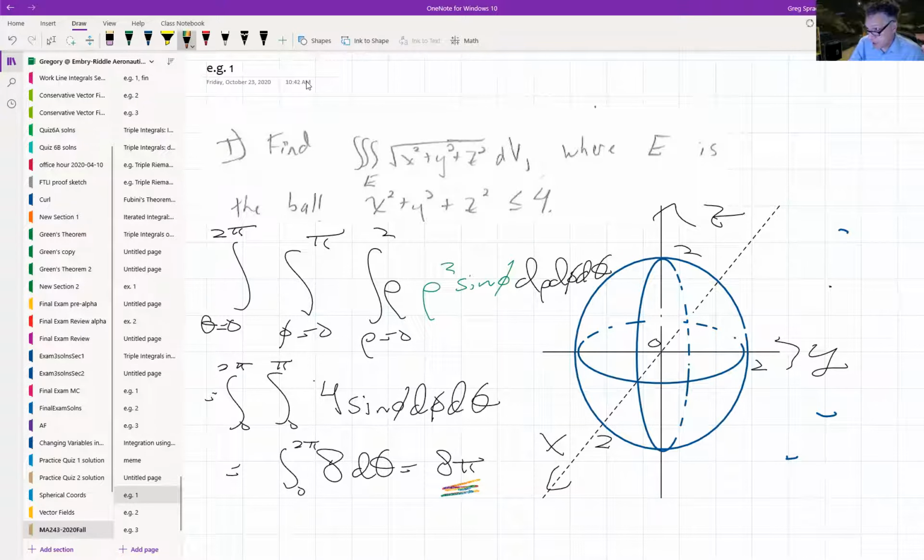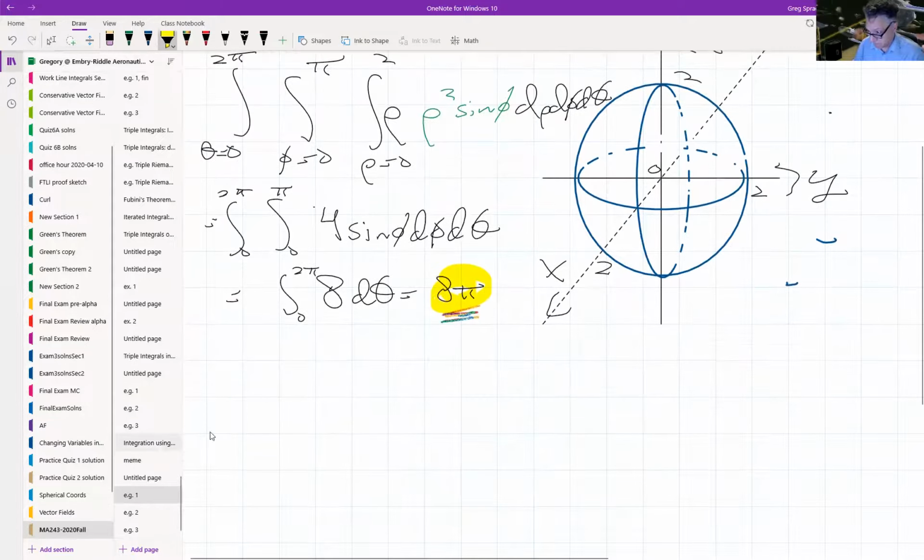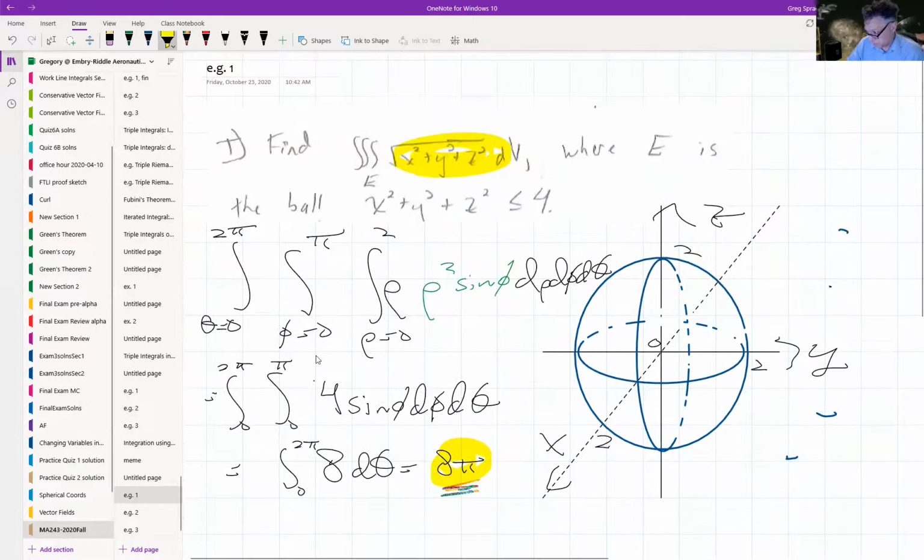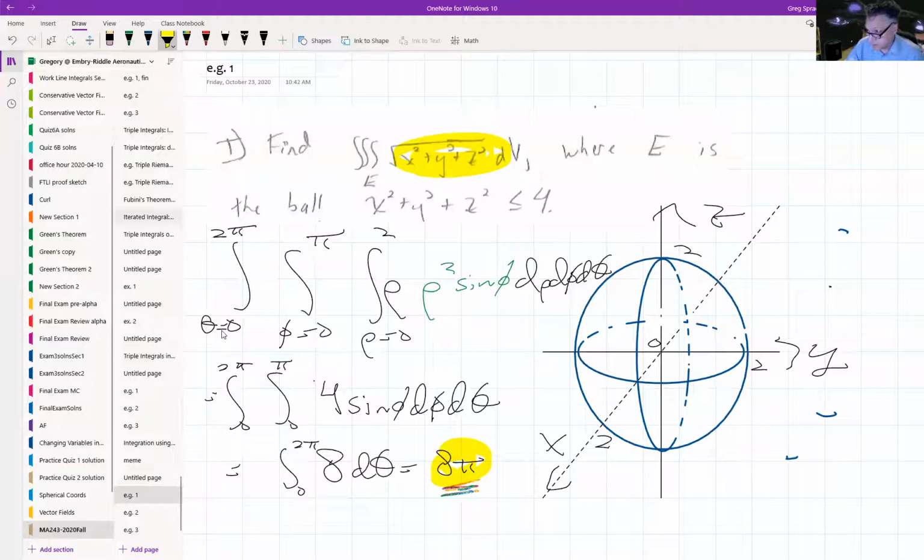Now this answer makes sense because the integrand is positive, and we got a positive final answer. And I made a careless mistake there.